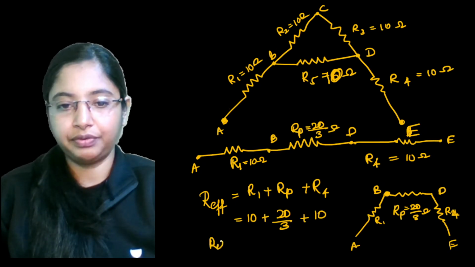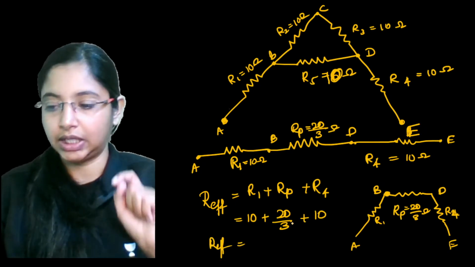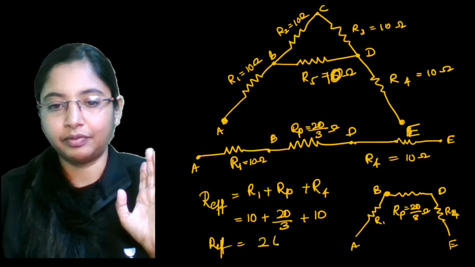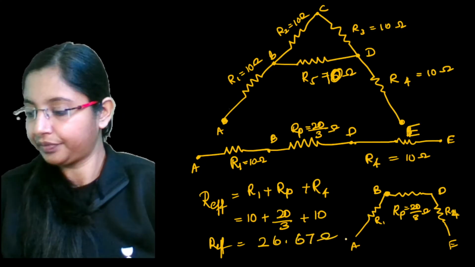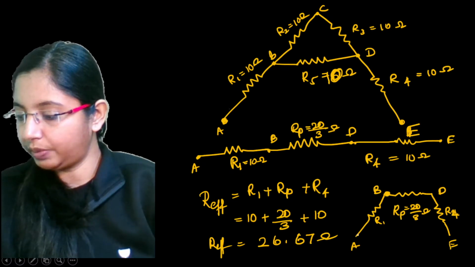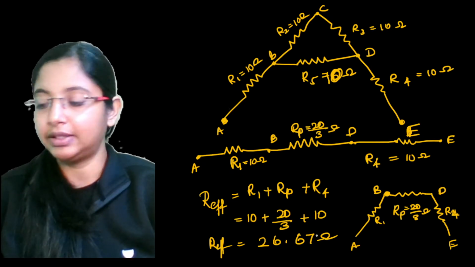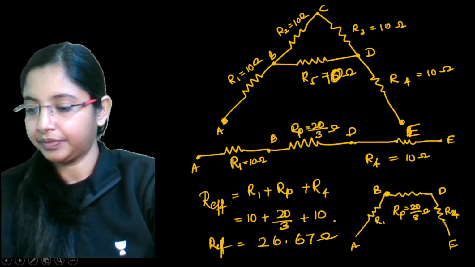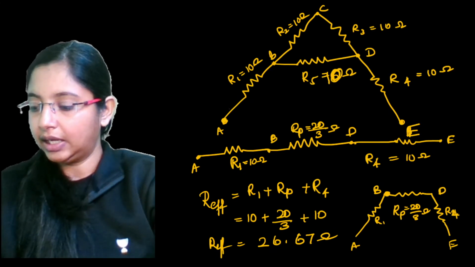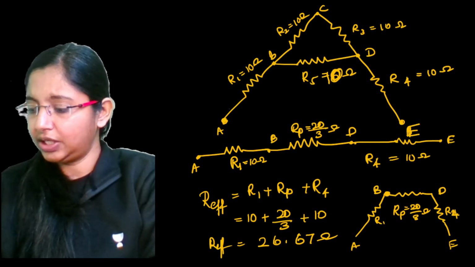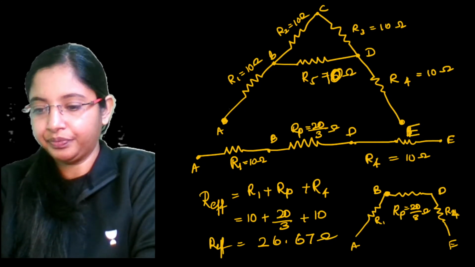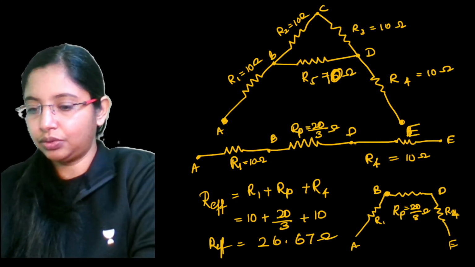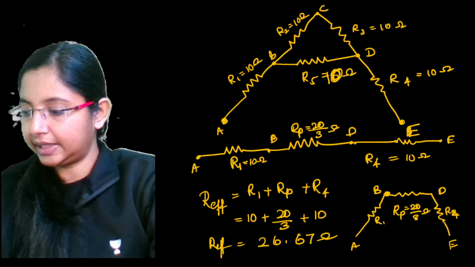If you calculate, you will get somewhere around 26.67 ohms. So this will basically be the effective resistance value in this case. Now, we have done this question, so let's do one more question and with that let us end today's class.